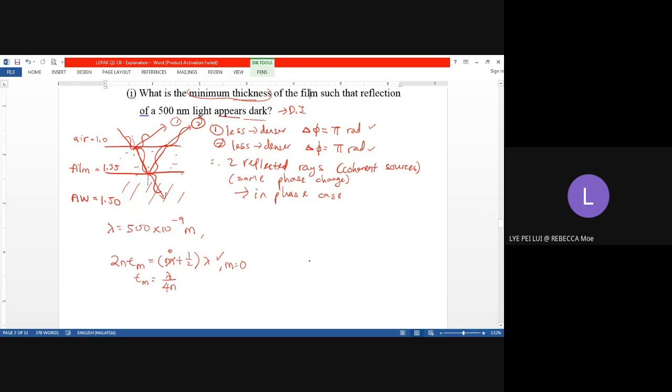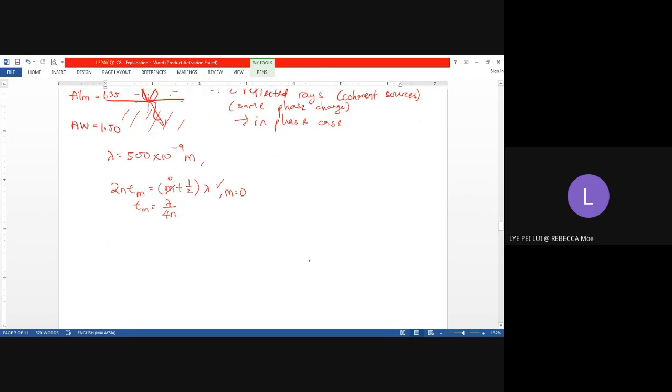So substitute the information: 500 times 10 to the negative 9 over 4 times 1.35. So I get 9.26 times 10 to the negative 8 meter.